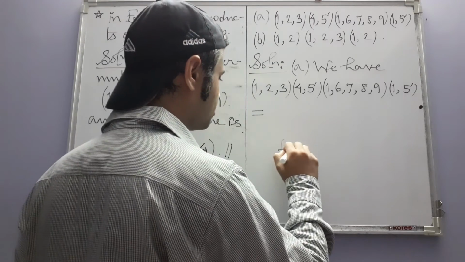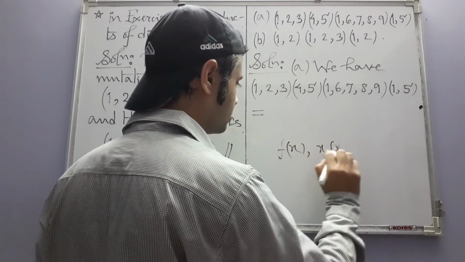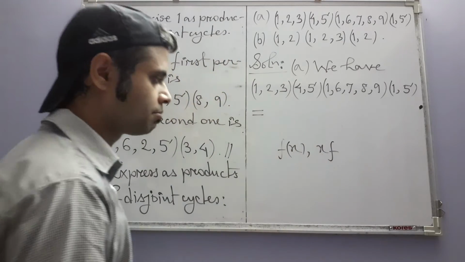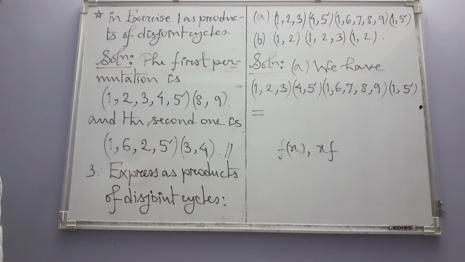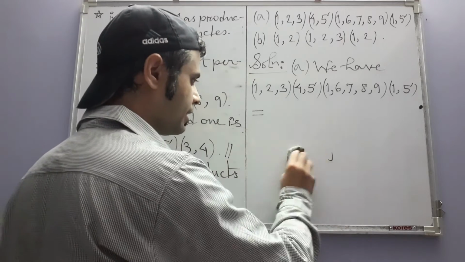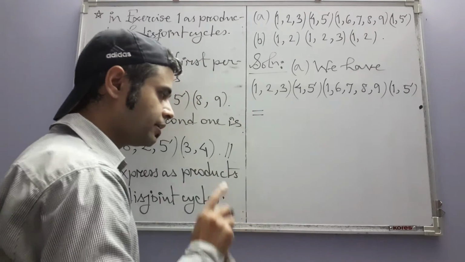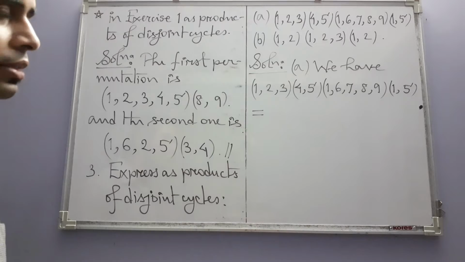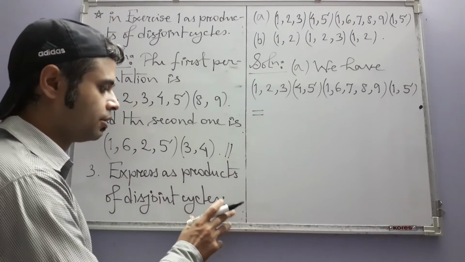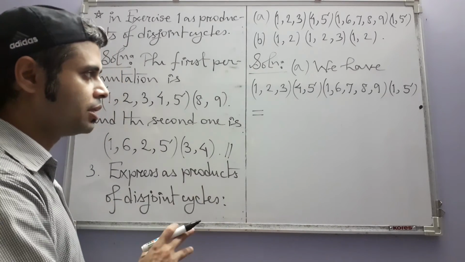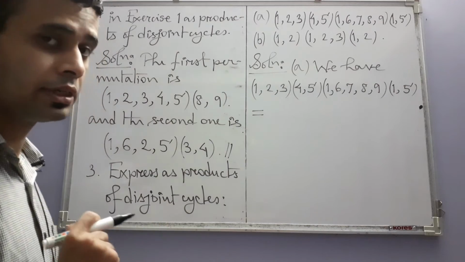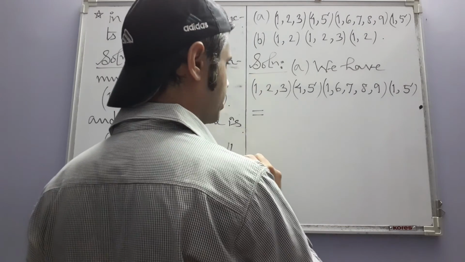In this sense it may seem somewhat strange to write xf in place of f of x. Whatever the case is, when you are dealing with permutations and their products, you have to always make sure which of these 2 conventions is being followed in your text.